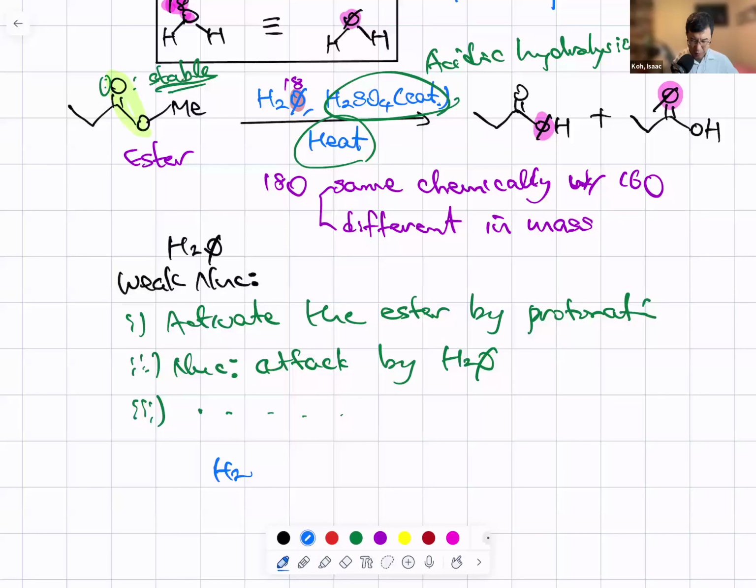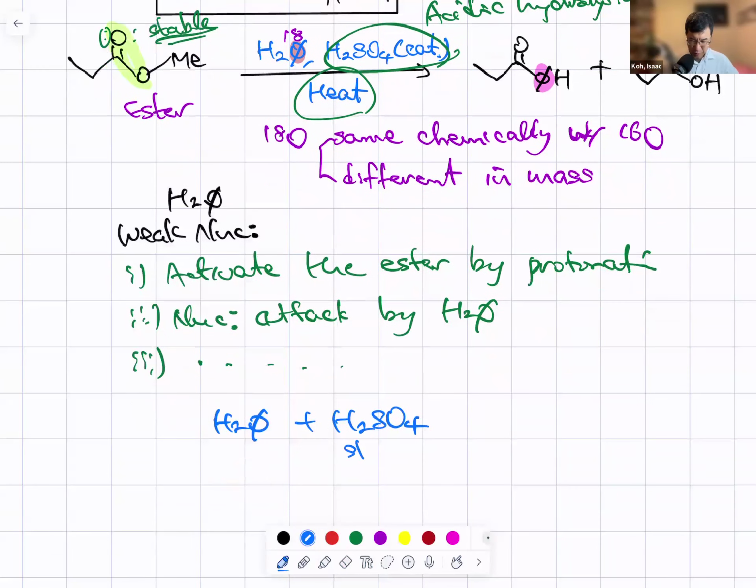Okay, so then let's first use water. Water will be protonated, completely protonated by this strong acid. So then it'll be one side reaction. It'll be making protonated water plus hydrogen sulfate ion. Okay, so this one is a strong base, strong acid.